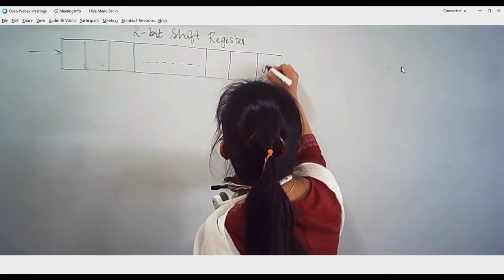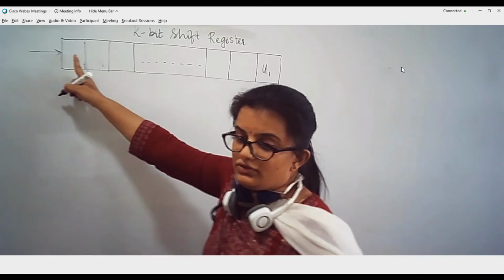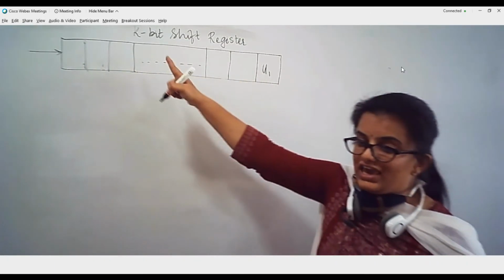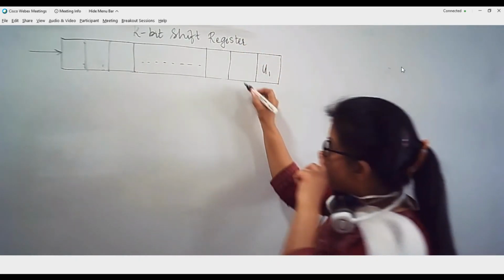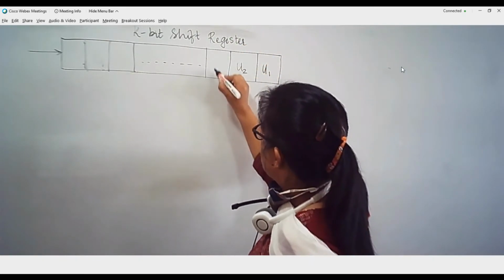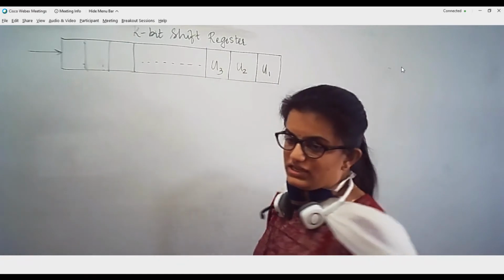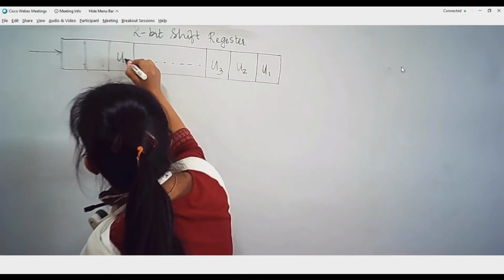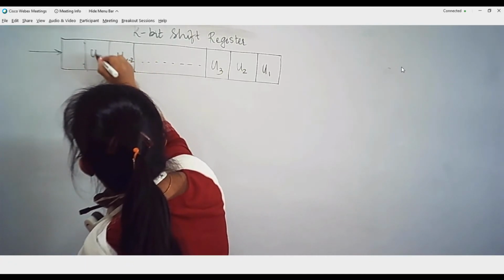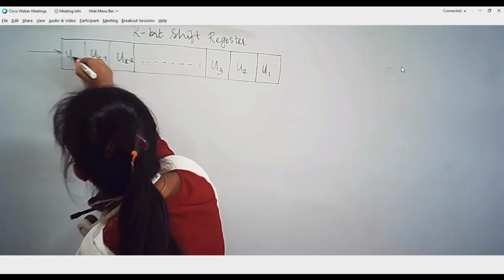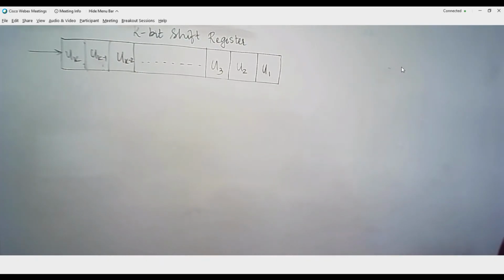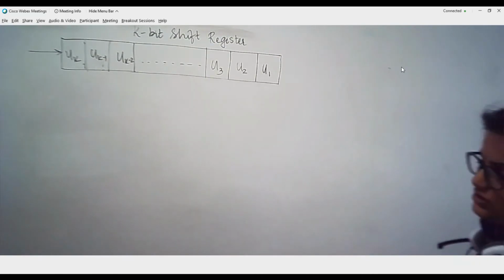So the first bit which was pushed would appear at the last flip flop after the kth clock cycle. In the second position I will have U2, the third I will have U3, and the last ones would be U(k-2), U(k-1), and the last one would be Uk. This will be the arrangement that we will have in the k-bit shift register.